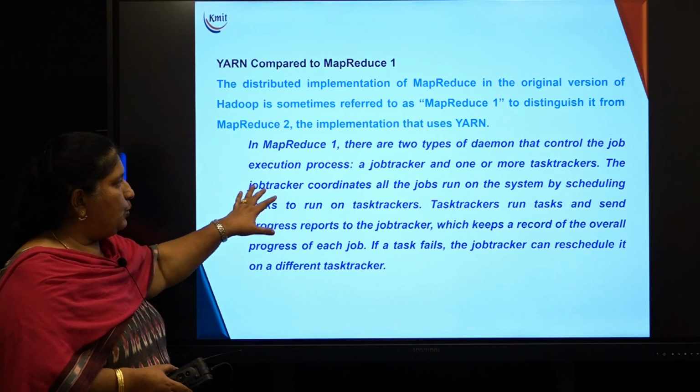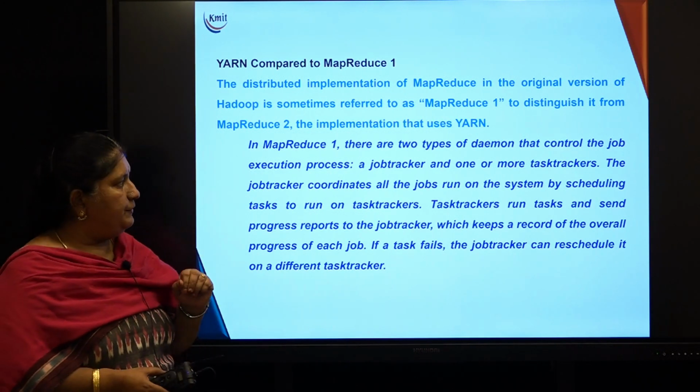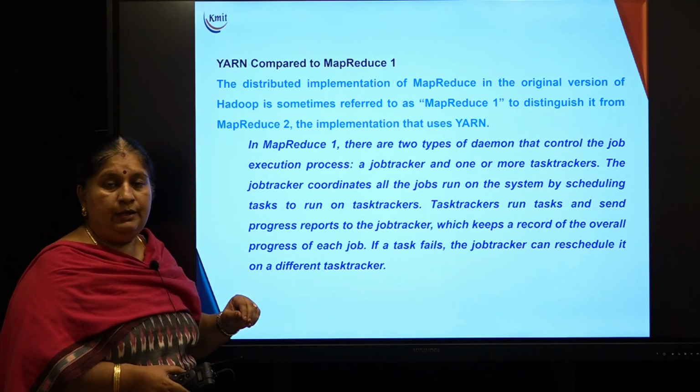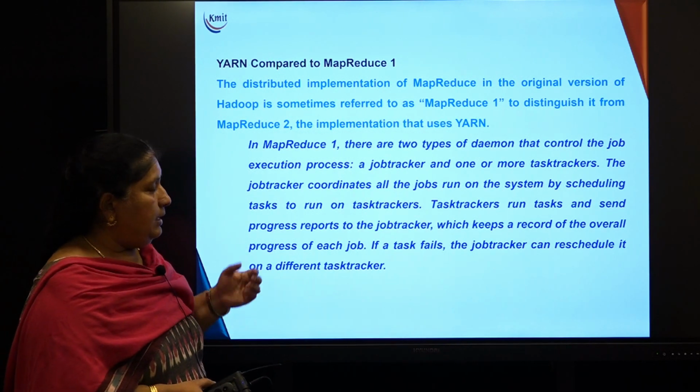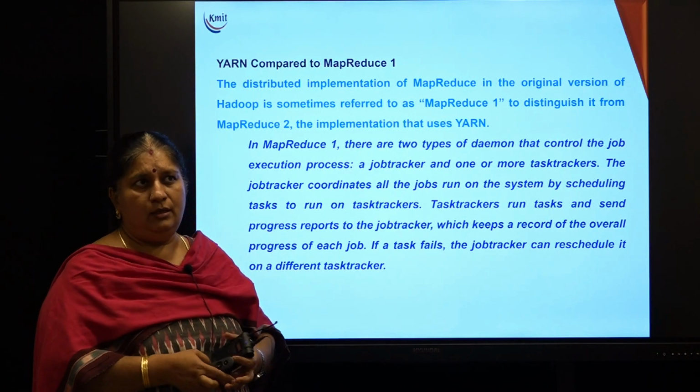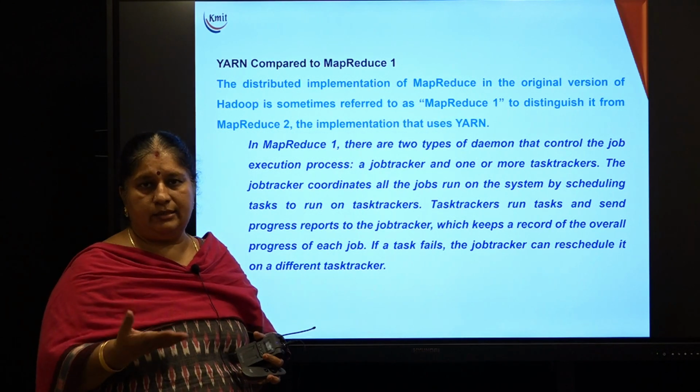Now, in MapReduce 1, there are two types of daemons. The first one controls the job execution process, which we call the job tracker, and there are multiple task trackers. What do we mean by job tracker and task tracker?